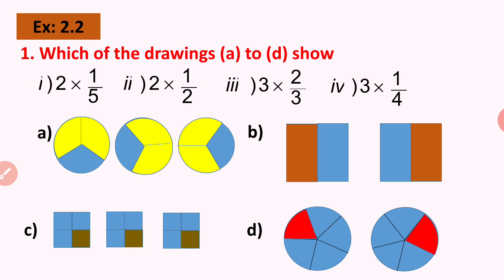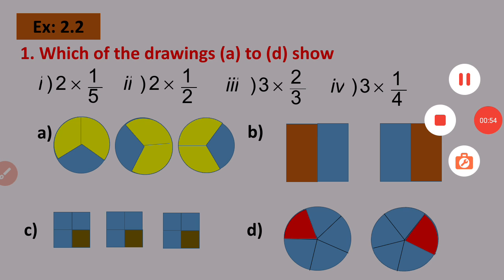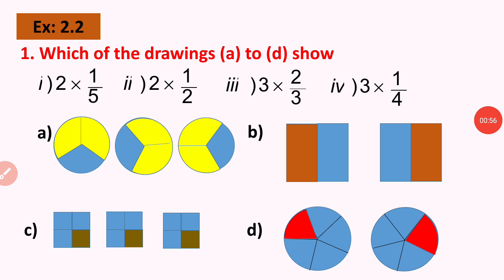So let us try to find out 2 multiplied by 1 by 5 and match them. The very first one gets matched with the last, that is D, because 1 by 5 is one part shaded out of 5 parts and such two figures will be there. So first gets matched with D.